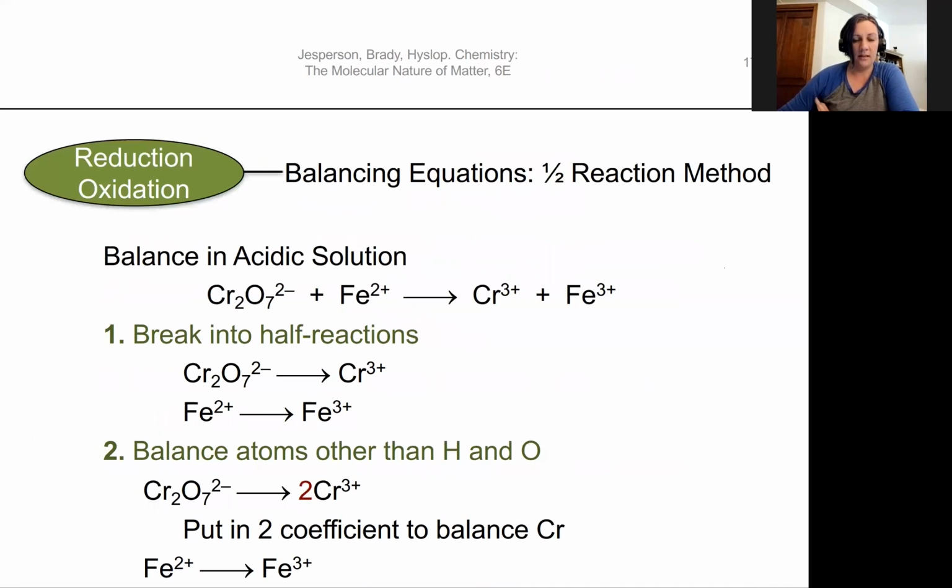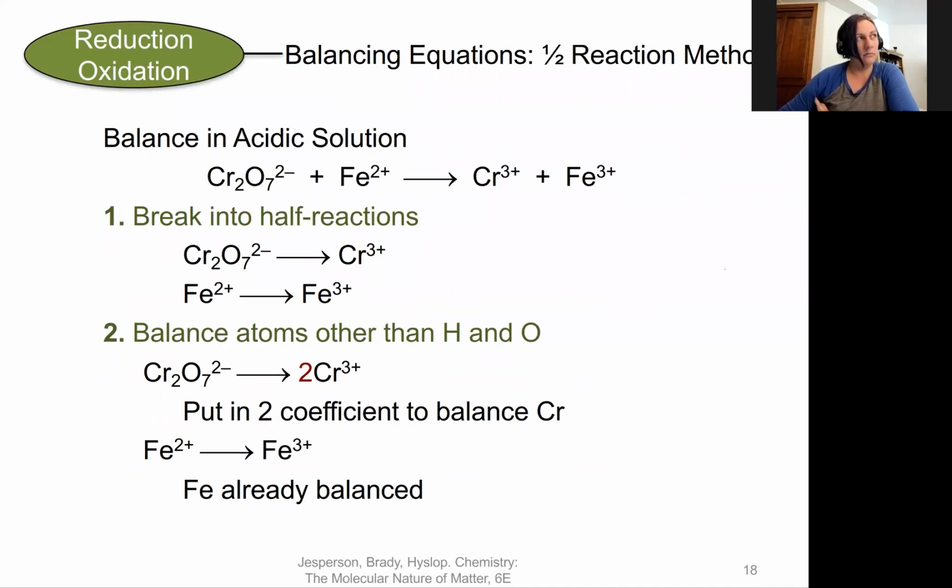So I've got this chromate, I think it's chromate, plus iron, forming chromium metal and a different iron oxidation state. So the first step I do is I break this into my half reactions, and I can see my chromate's oxidation state is, if my oxygen is a -2 and I have 7 of them, I'll have a total of -14.